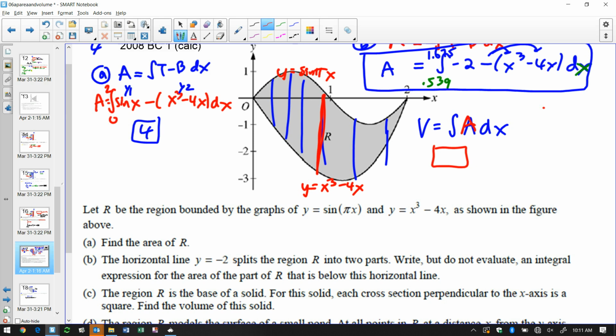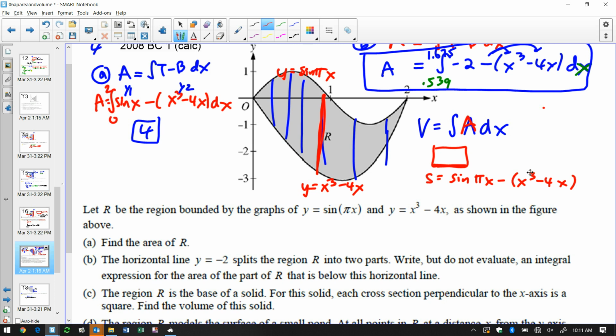Okay, so what is the length of one of these sides going to be? What is the length of this side going to be? Okay, let me pull it out. Maybe it'll help. If I pull it out, what's the length of this thing? You see it's y minus y. Okay, so this length is going to be sine pi x minus quantity x cubed minus 4x. Okay, if that's the length of the square, can I get the area of the square?